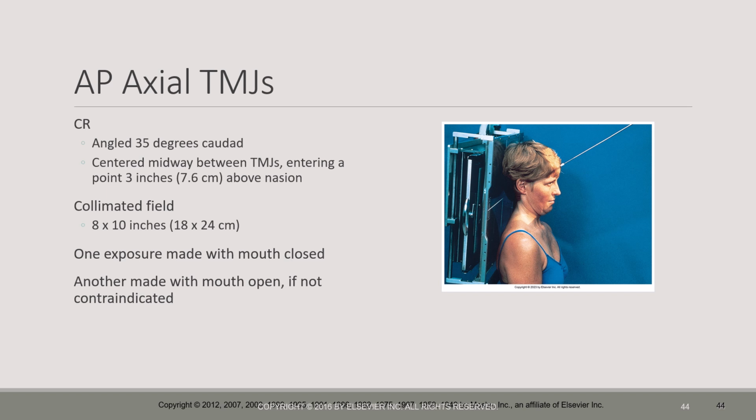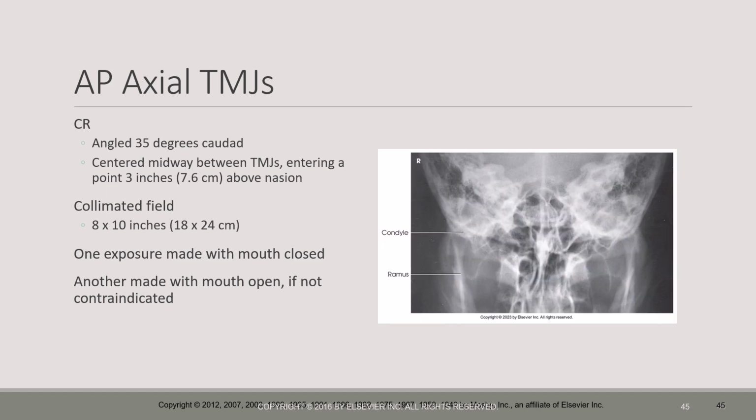Okay, because largely the TMJ joint, as far as evaluating for pathology, is arthritic and inflammatory change, and they need to see the joint open and closed. So this is a representative radiograph with the mouth closed, I believe. And there you can see the condyle of the mandible and the ramus of the mandible on the TMJ joint.